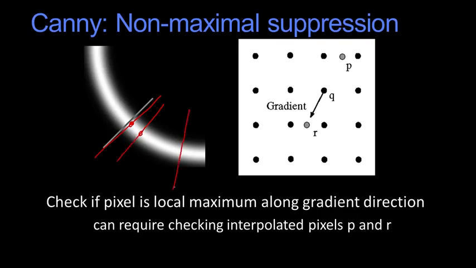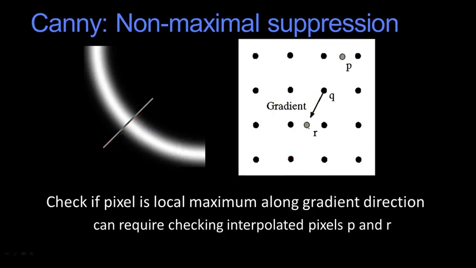Here the gradient is in that direction, so it would find the peak there, right? Sometimes, and that's what this picture is showing here, sometimes you have to interpolate, right? You find the gradient, you say, okay, I think it's somewhere in between 2 pixels, so you can actually get sub-pixel accuracy. But the point is that it basically looks perpendicular to the gradient in order to find the maximum. So that's how you do the thinning part.